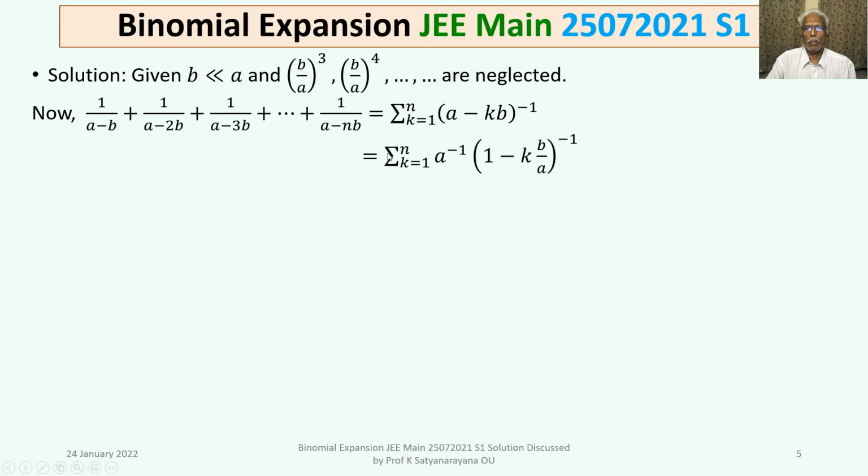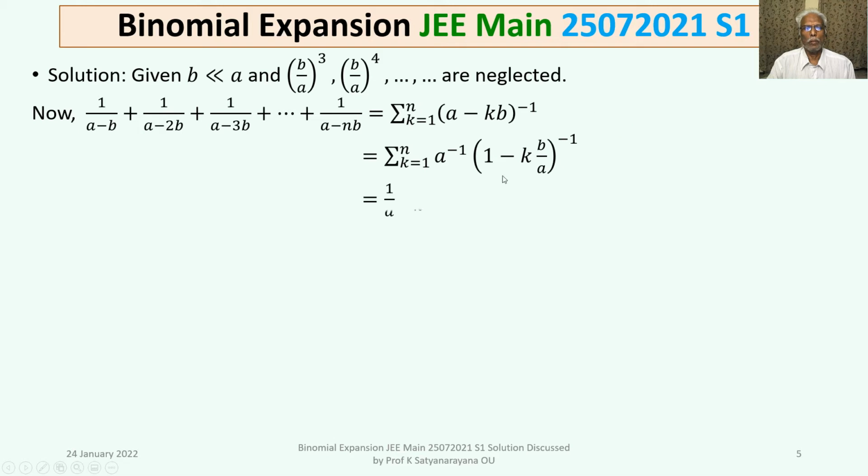Now in sigma k equals 1 to n, a is taken out. When you take a out, it will come out as a inverse, and in brackets you will get 1 minus k into b by a whole to the power of minus 1.